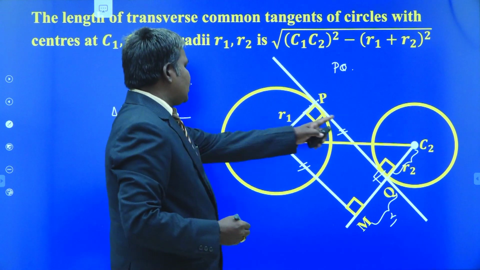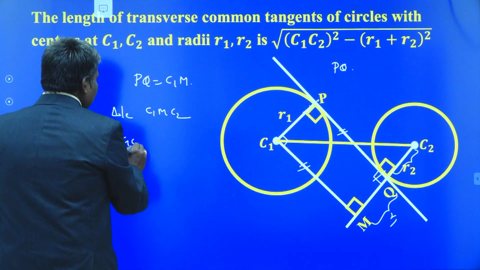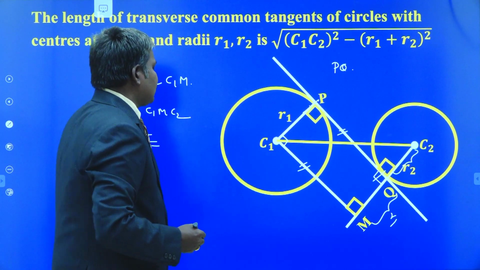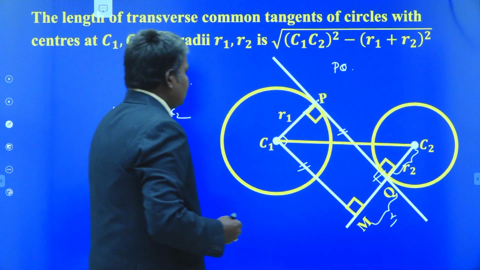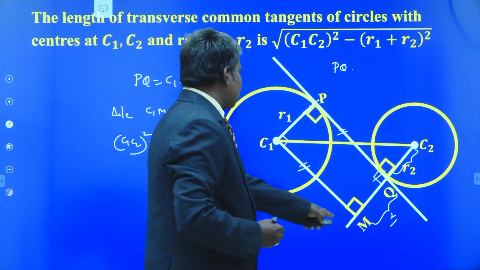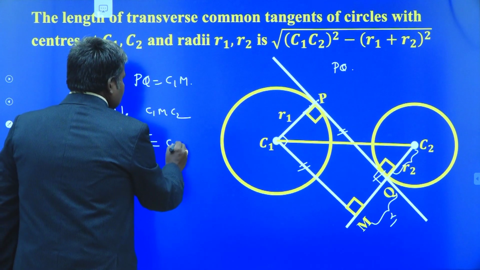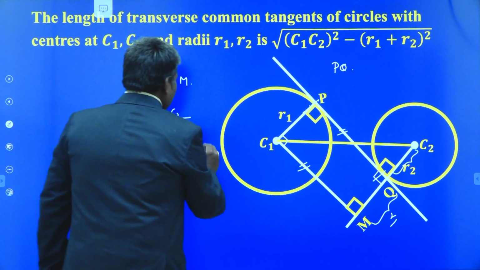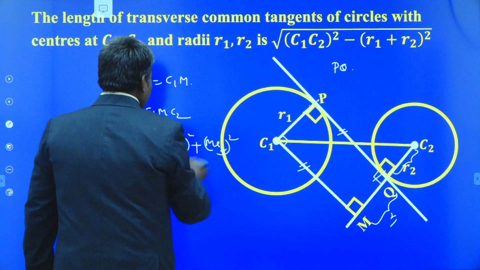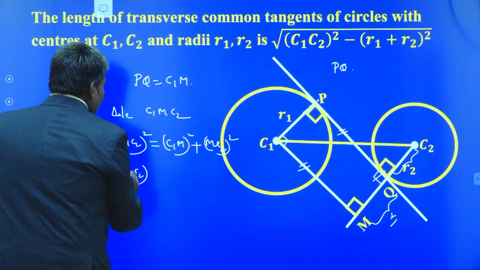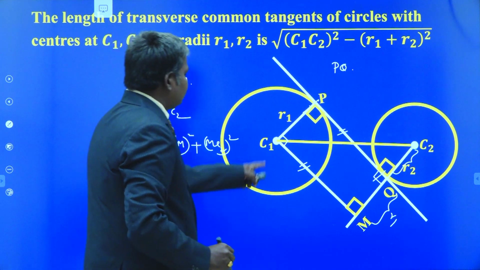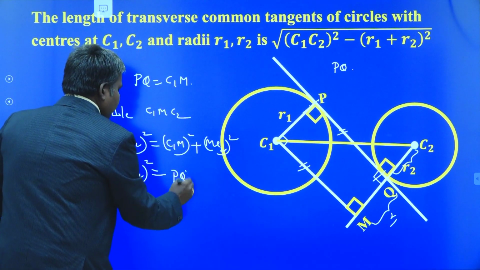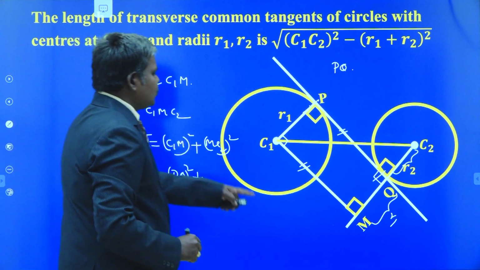In C1MC2, C1C2 square is equal to hypotenuse square equals side square plus side square. That is C1M square plus MC2 square. So C1C2 square is equal to C1M, and C1M is nothing but PQ, so PQ square plus MC2 square.